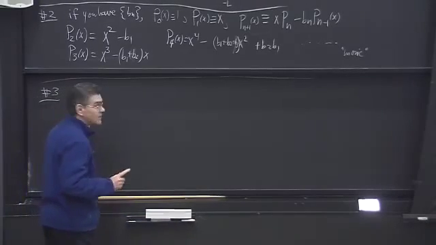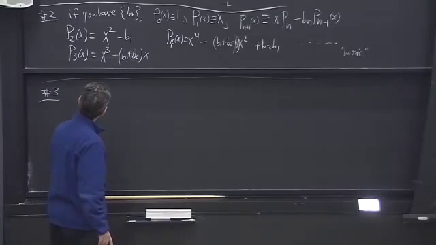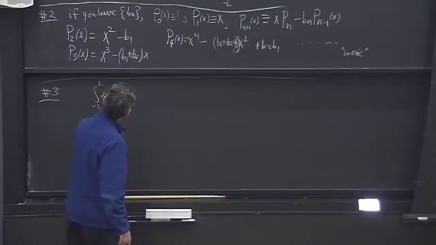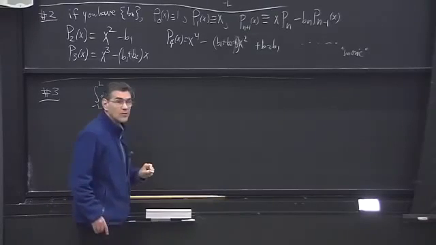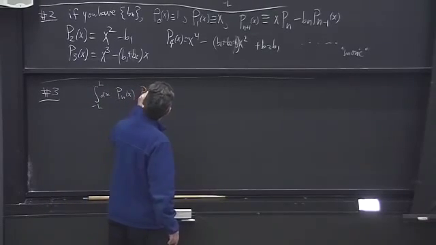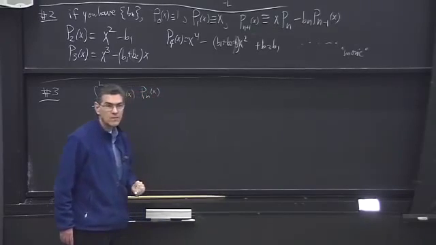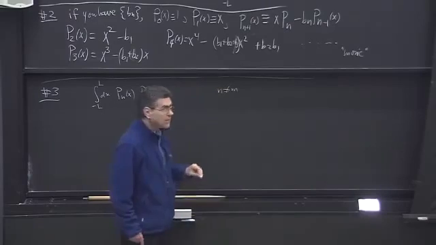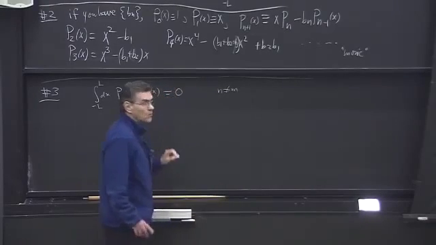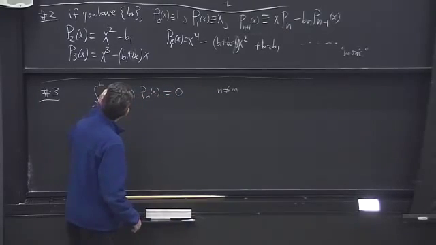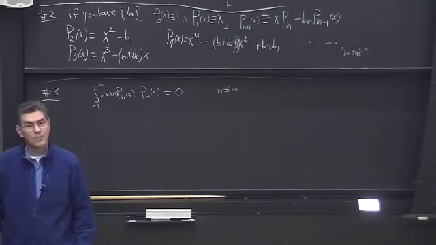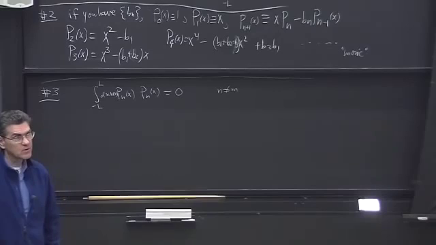Let's require that if we integrate from minus L to L, Pn of x times Pm of x, where n is not equal to m, that we get 0 if we integrate with respect to the weight function w. That is going to be the connection.